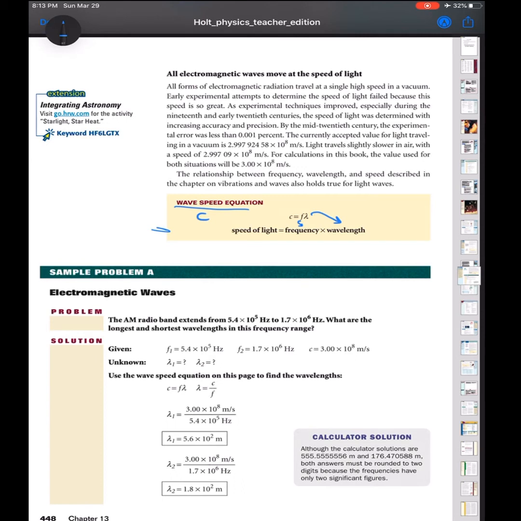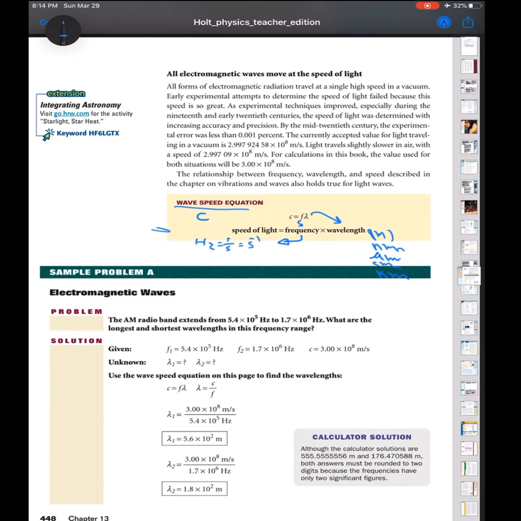The unit of the wavelength is meter, so it could be nanometer, micrometer, centimeter, or kilometer. Whatever, we will change it to meter, guys. The unit of frequency is 1/second, or second to the power -1, or hertz. 1/s is equal to hertz.